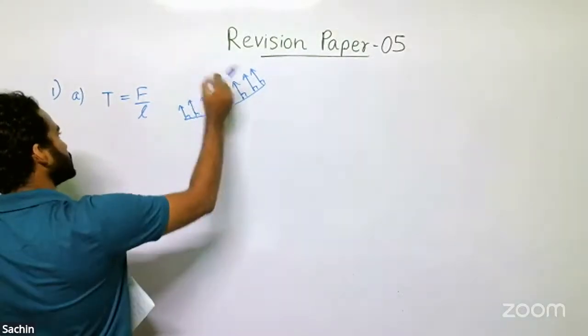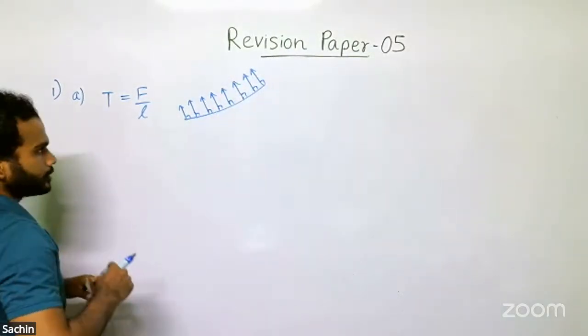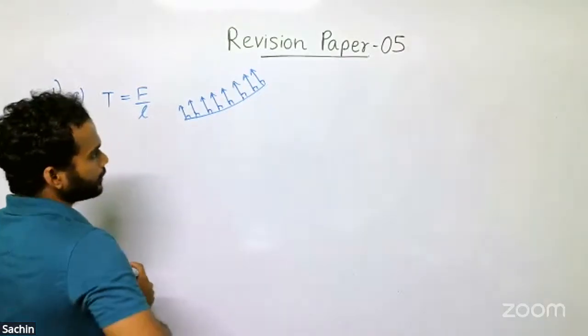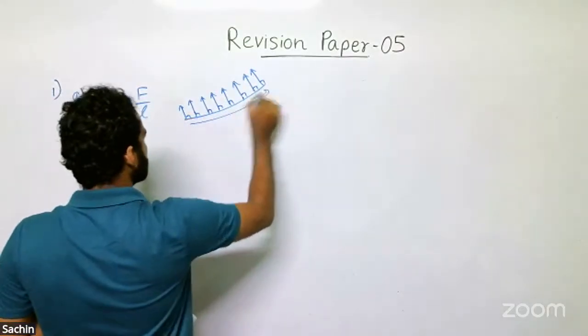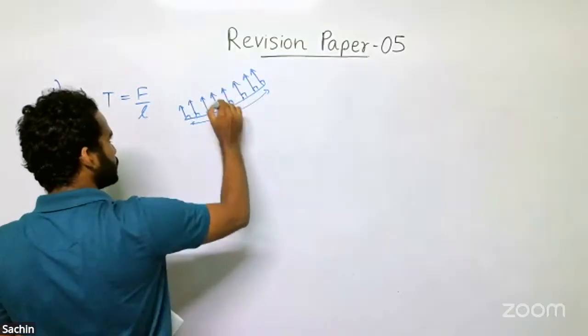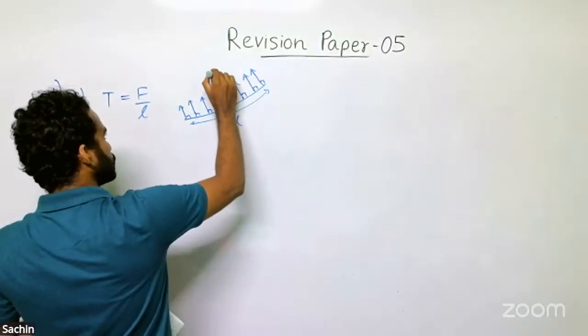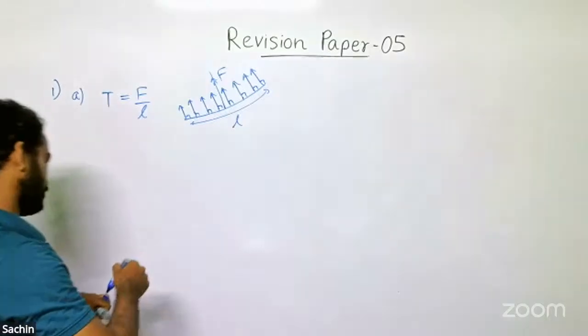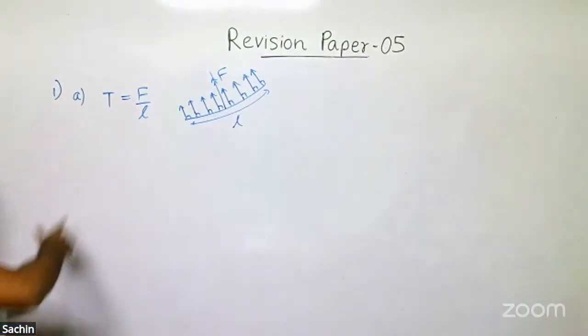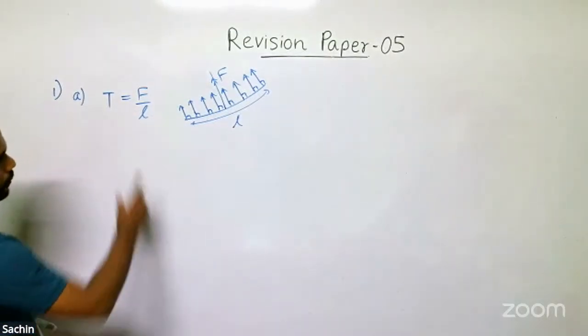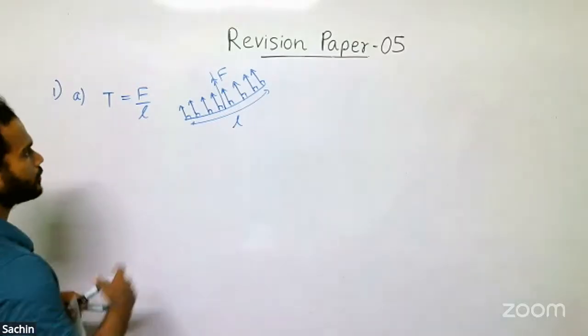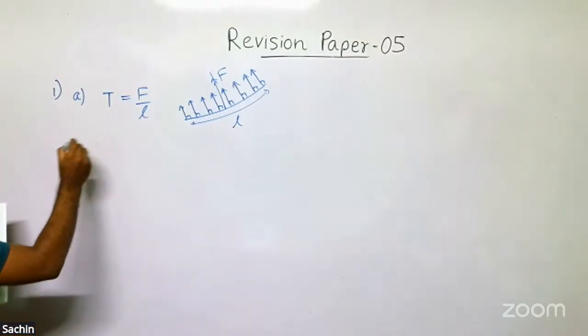That means let's say this is a line drawn on a liquid surface. If the length of the line is L, and the total perpendicular force on this line is F, then the surface tension is defined as force per unit length. That is, F by L. Okay, so that's the definition.